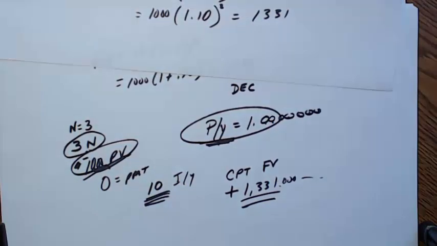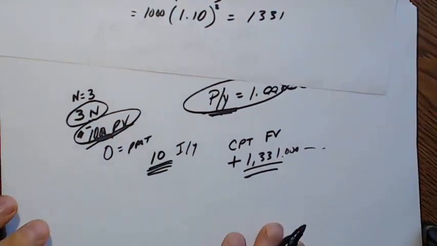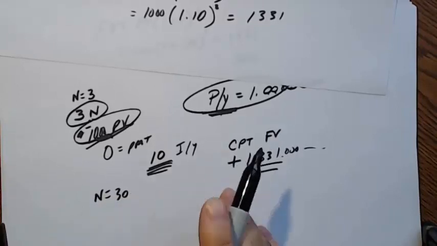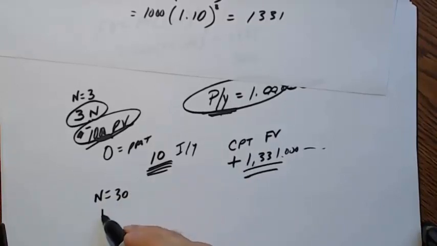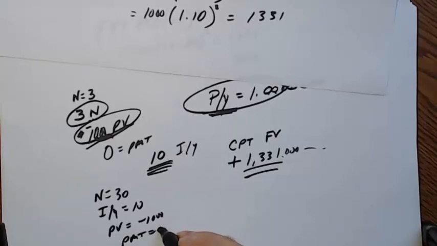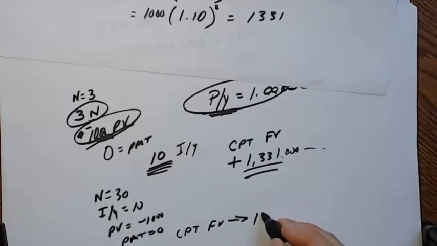If you wanted to go 30 years, so N equals 30, I/Y is 10, present value, let's put it in as -1,000, and I'm going to say payment is 0, and then I'm going to say compute future value, and out will pop 17,449 with 7 decimals to the right. Okay, it'll come out positive.